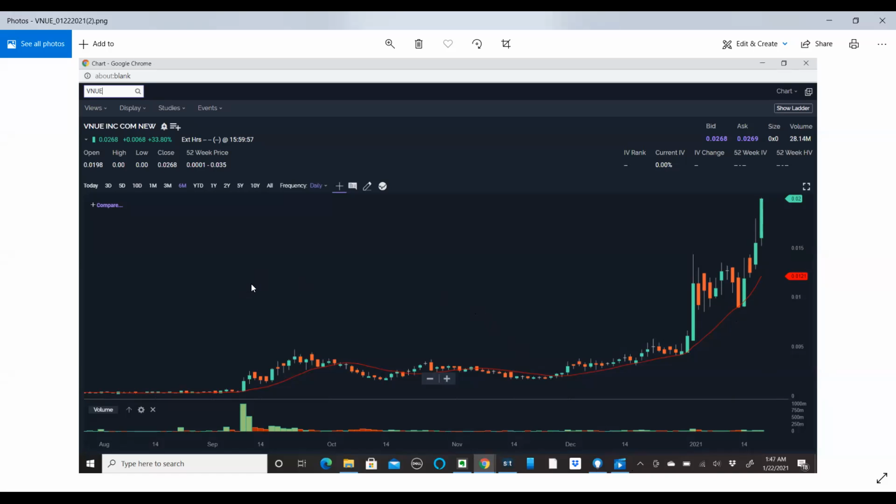All right, from our previous video, we did identify that this stock, VNUE, is displaying the stair stepper chart pattern. Back in September, it started the first stair, where it spiked for 2 days. And then after that, it basically consolidated.